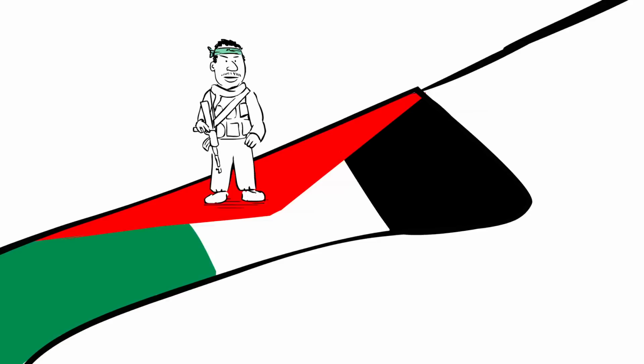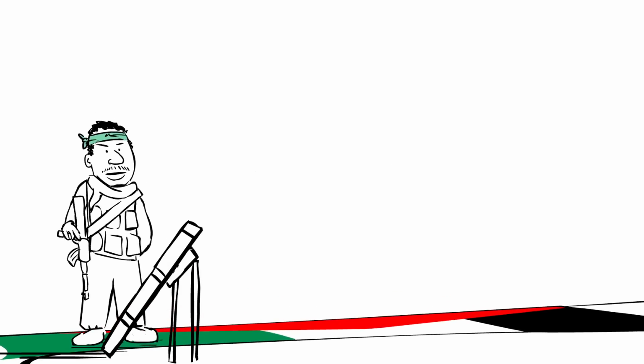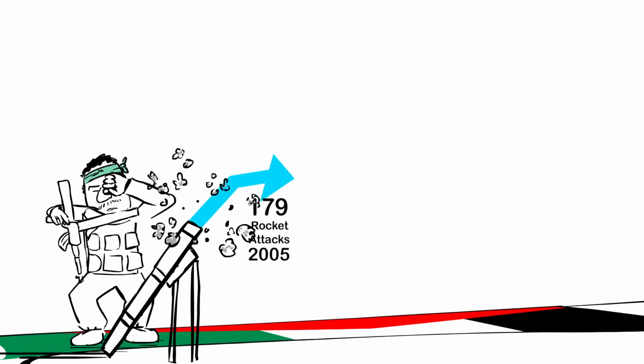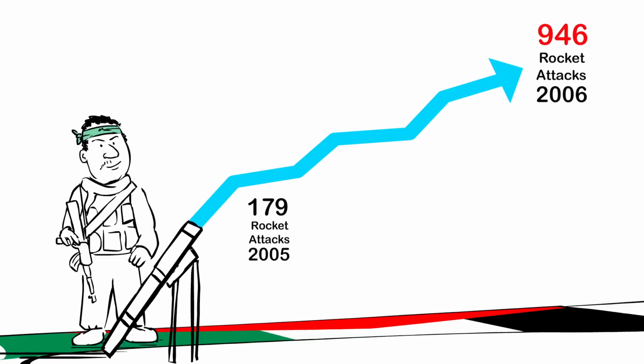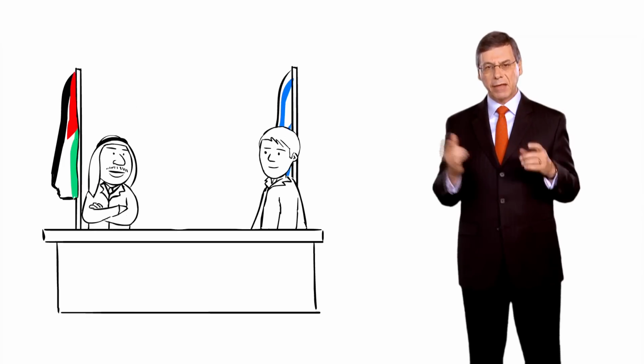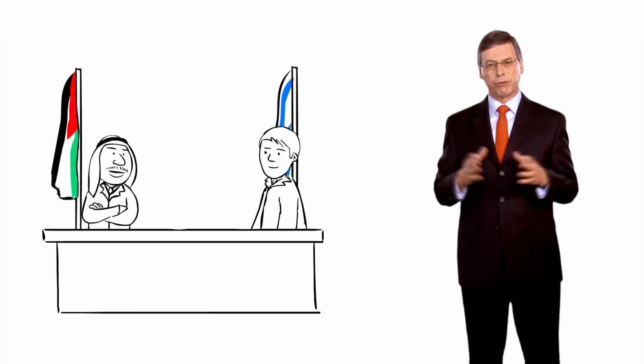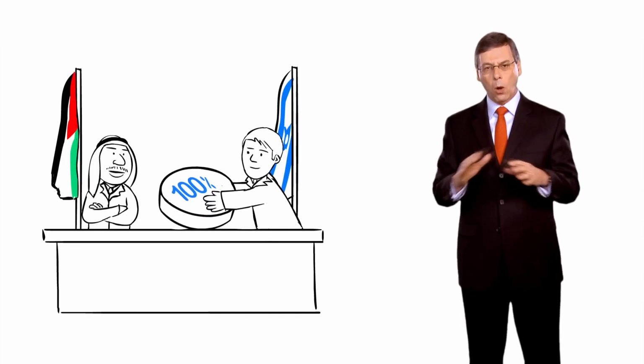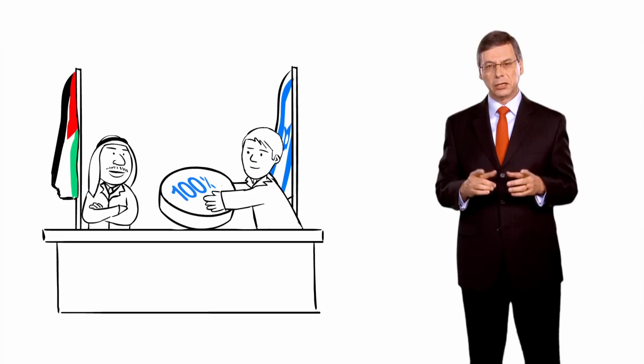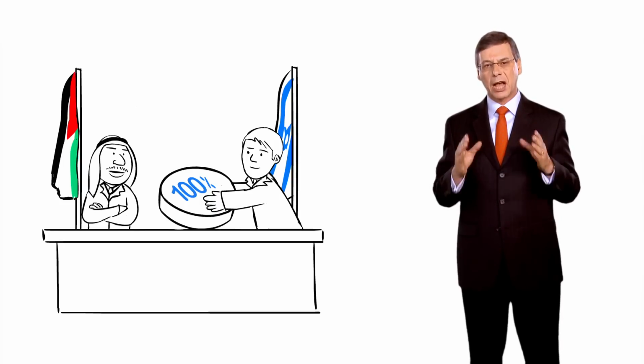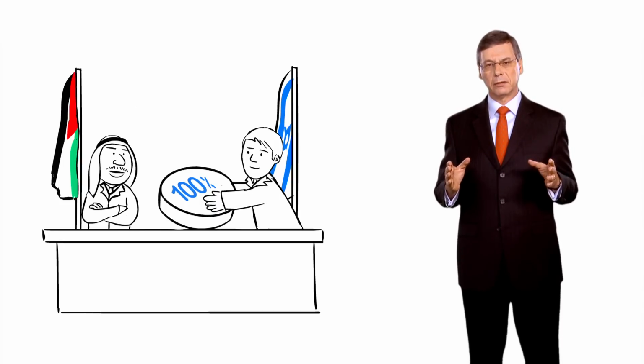The Palestinians again say no. This time they increase rocket attacks from Gaza against Israeli civilians by over 500%. In 2008, another Israeli attempt at yes. Prime Minister Olmert accepts nearly all Palestinian demands, including handing over almost 100% of the West Bank with minor land swaps. The Palestinians, again, no.